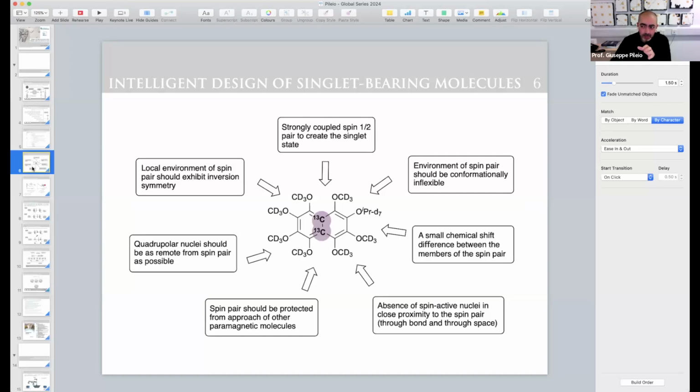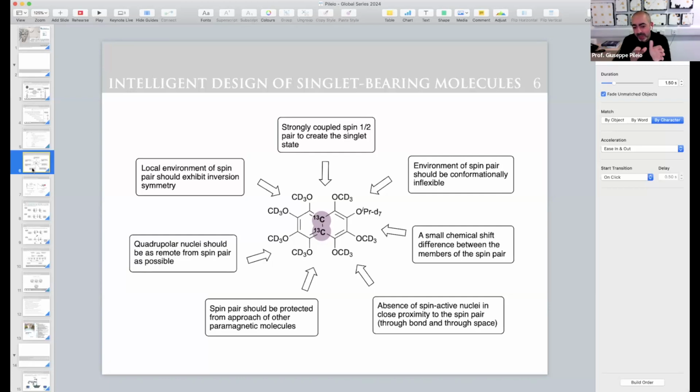It's probably very quick to say what you try to achieve, which is obviously to have this spin pair isolated from the close space of other nuclei with spin. Often you have protons. So you think, okay, an easy way is to replace the proton with deuterium, but you have to be careful as well, because deuterium can induce scalar coupling of the second kind relaxation, which could also be challenging.